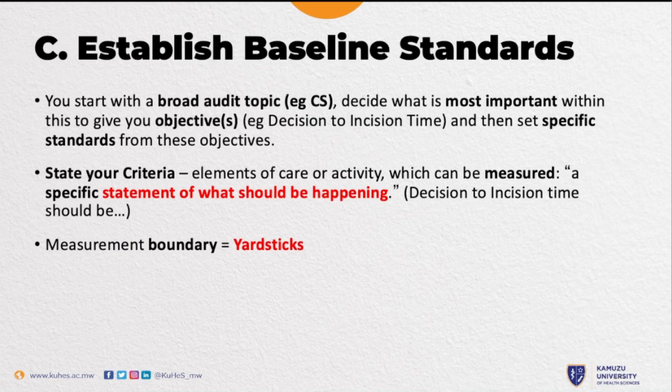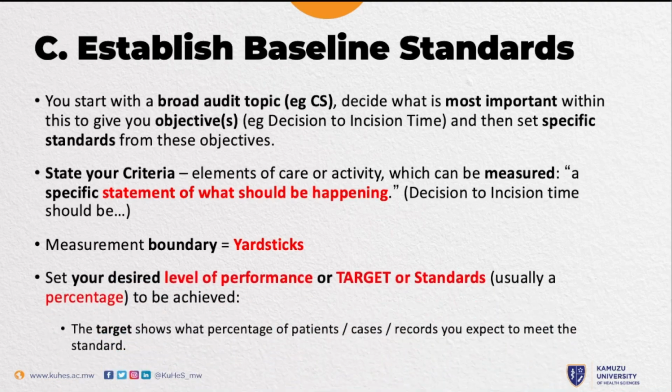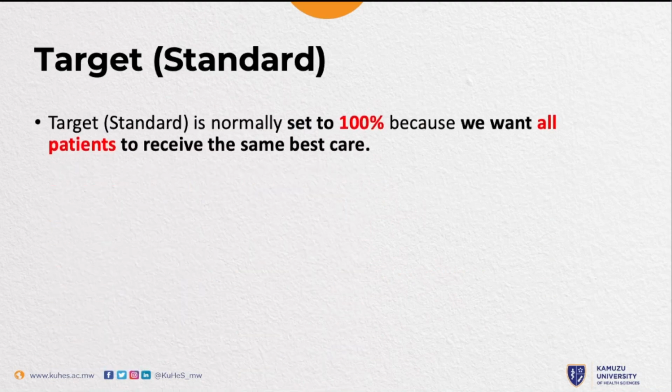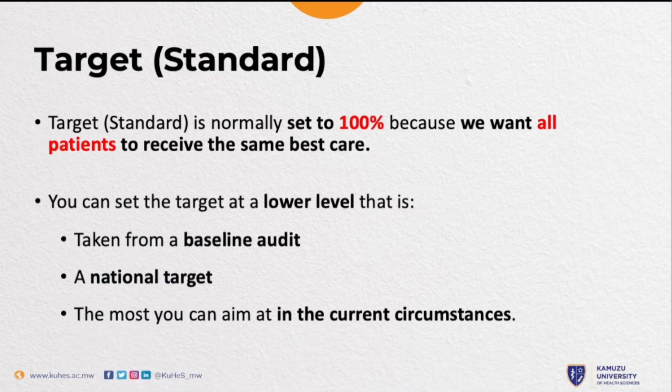And in addition to that, you should have what is called a boundary. There should be a boundary on that topic. It's also called yardstick, boundary. Then set your target. Your target is in terms of percentage. Usually the target should be 100%, because all the patients should be taken care of the same way.